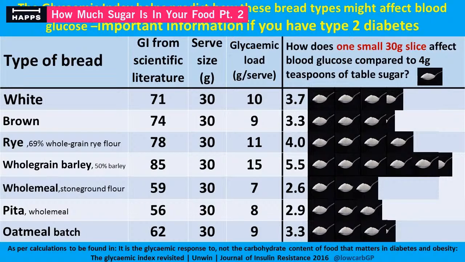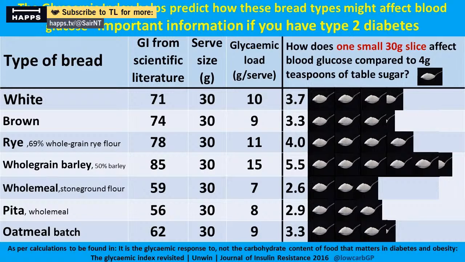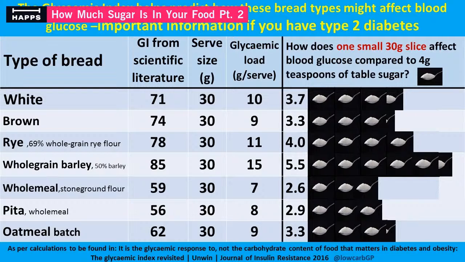So you see here we have GI, from the glycemic index, and this information is coming from the scientific literature, and you see the gram servings there. For all of this it is 30 grams. The glycemic load is what's next, and we're going to talk about the difference between glycemic index and glycemic load.